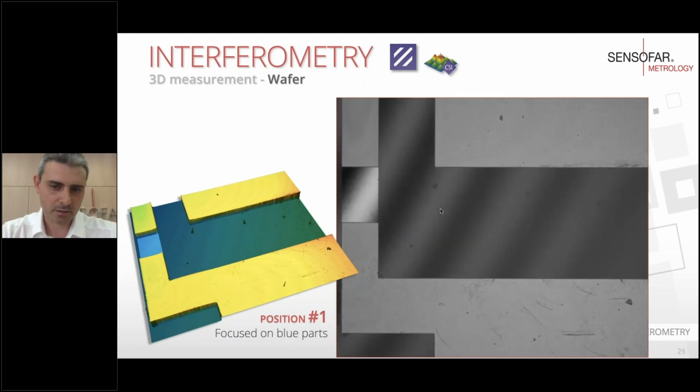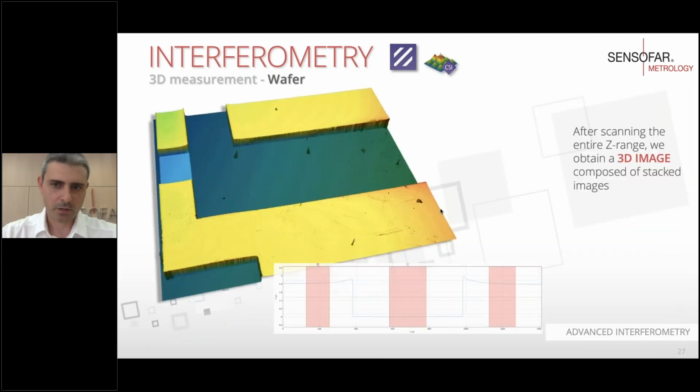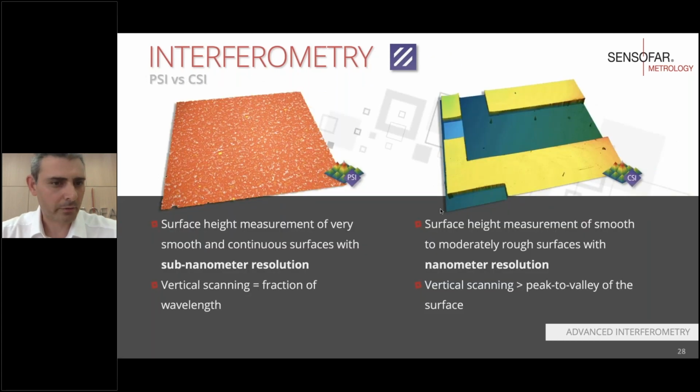The previous slide didn't have any interferometric signal on the top, and that's because the height difference of this sample is larger than the coherence length of the white light source. So this is a three-dimensional result, and from that we can apply any analysis to the three-dimensional topography.